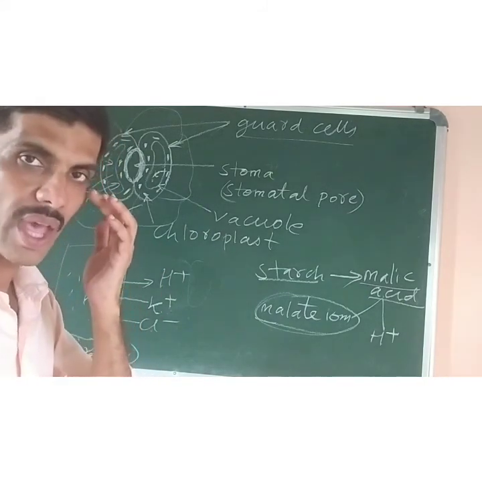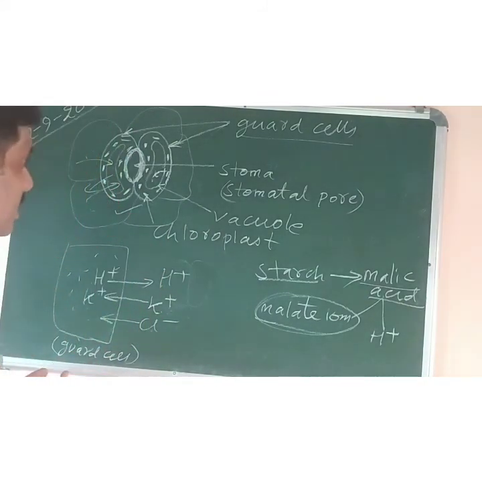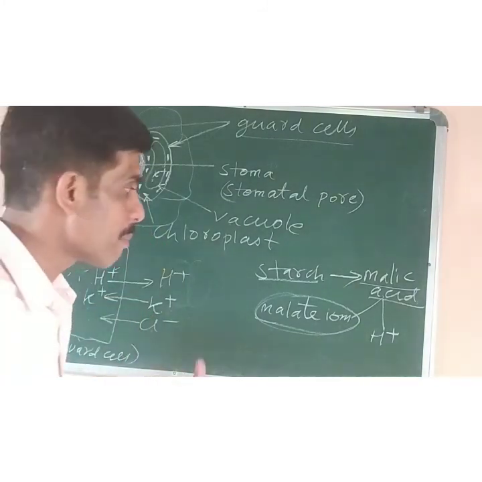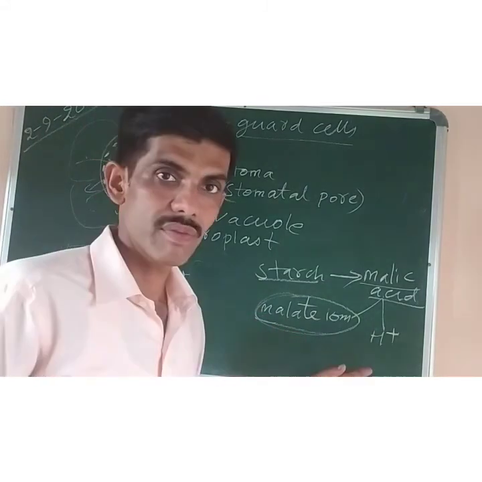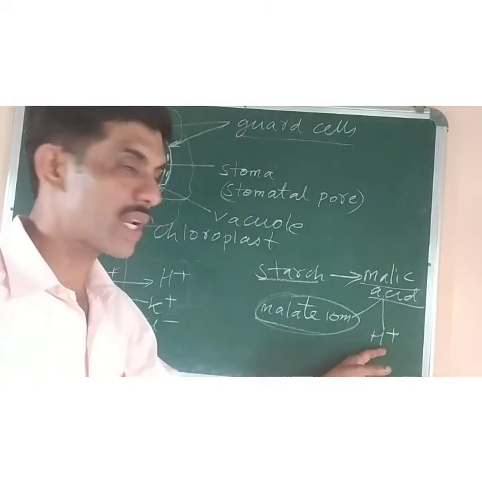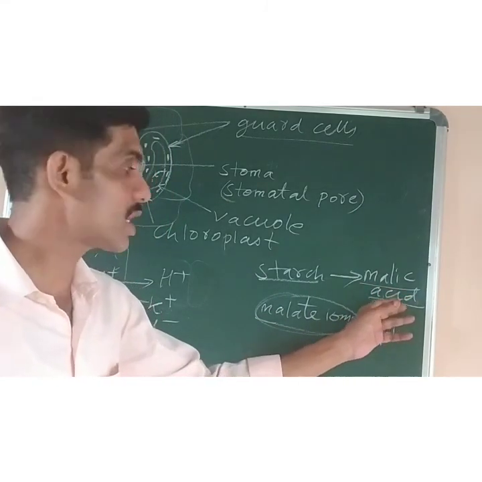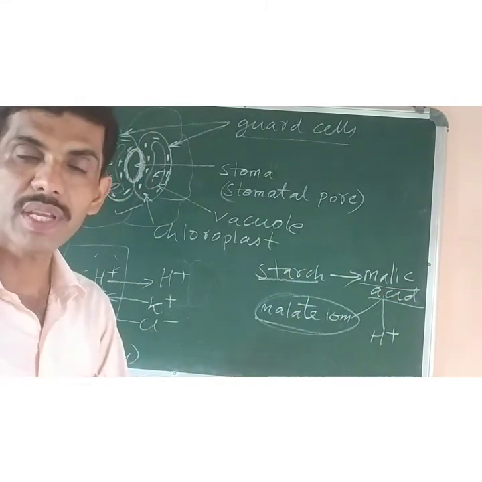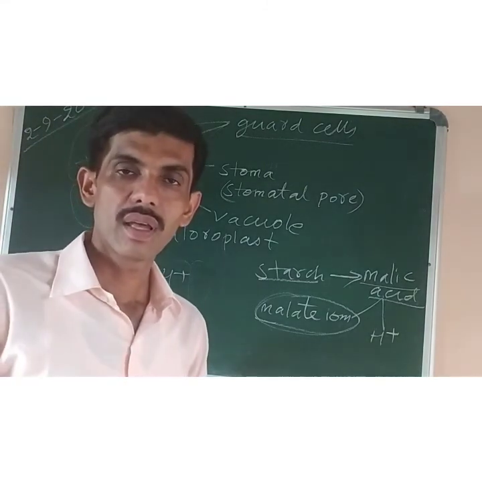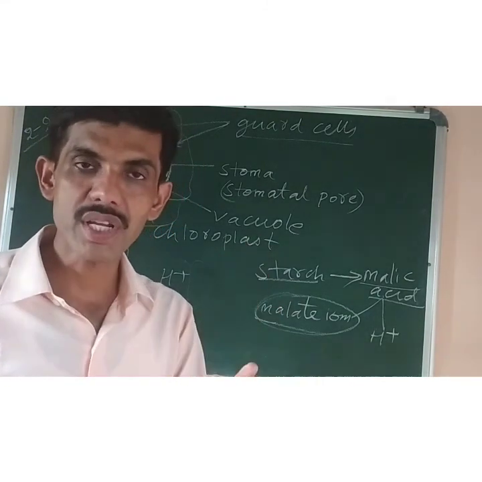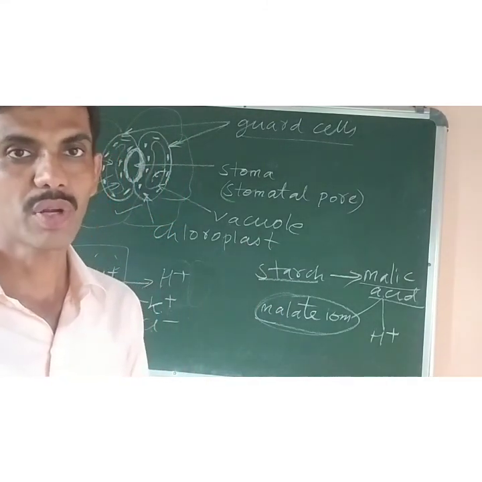Got it? At night it is just the opposite. There is no sunlight and no photosynthesis, so whatever malate ions and hydrogen ions were there will combine and form malic acid. The malic acid changes into starch, and the starch gets stored, and because of this the osmotic concentration of the guard cells also changes.